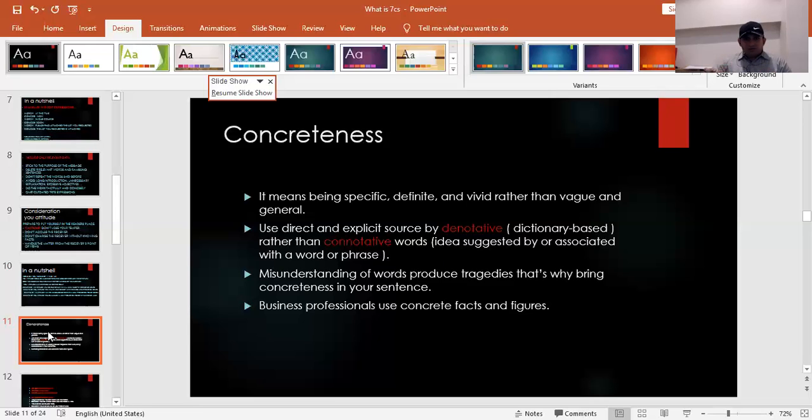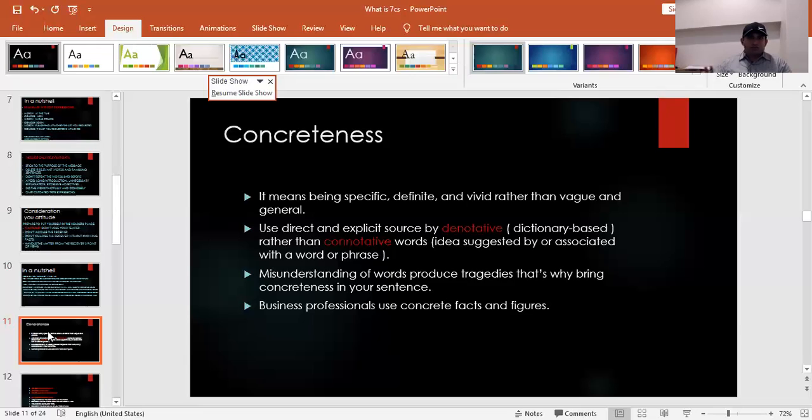What are strong words? Which are taken from the dictionary, which have the same meaning in the dictionary. Okay, so denotative words have dictionary-based meaning, और ये strong words कहलाते हैं, ये concreteness चाहिए. This connotative means the words which you speak in your street, the words which are spoken everywhere. At that time, those words are not called concrete words, specific words, strong words.